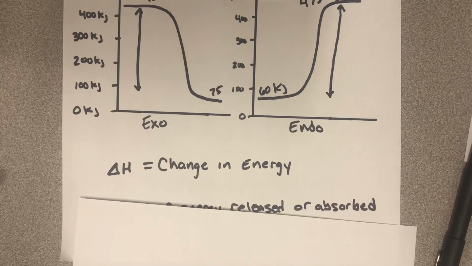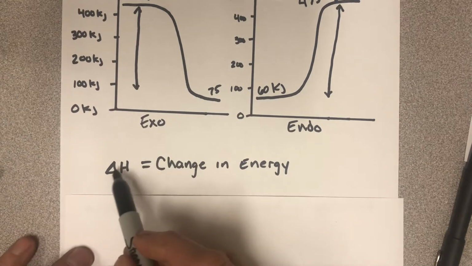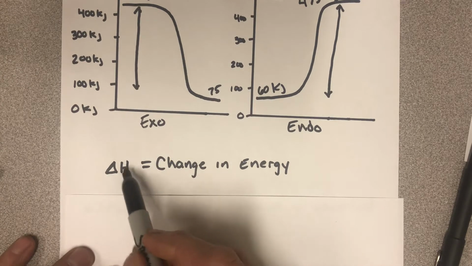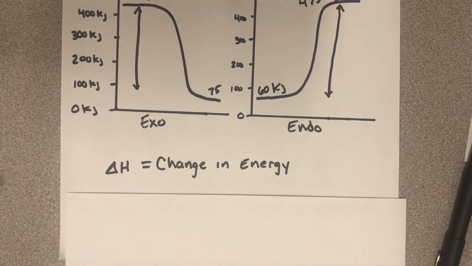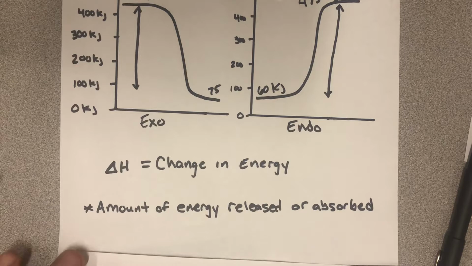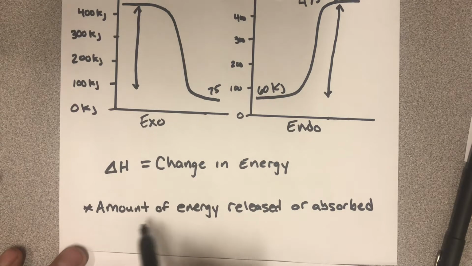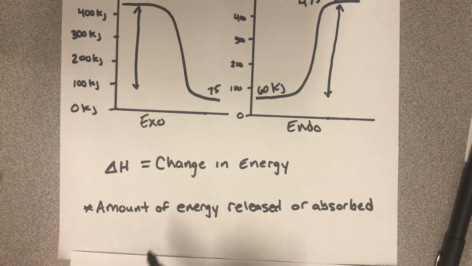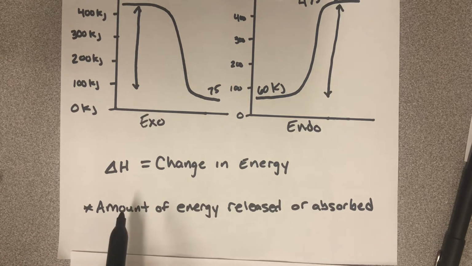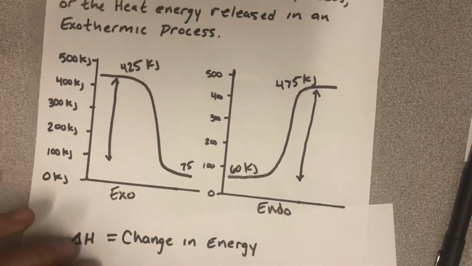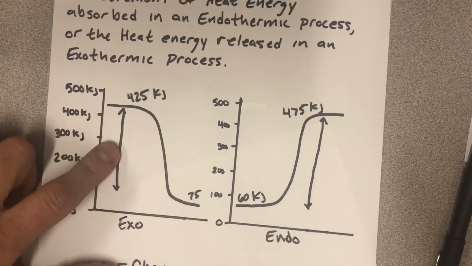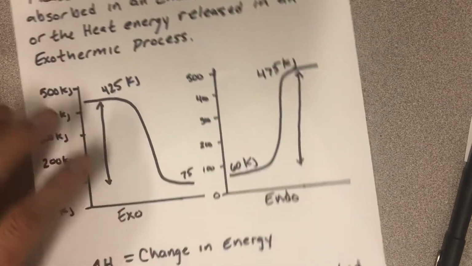It's called delta H, and that just means the change, that's the delta symbol, in enthalpy. Okay, the change in energy, that's delta H. And really just think of delta H as the amount of energy either released or absorbed in any exothermic or endothermic process.